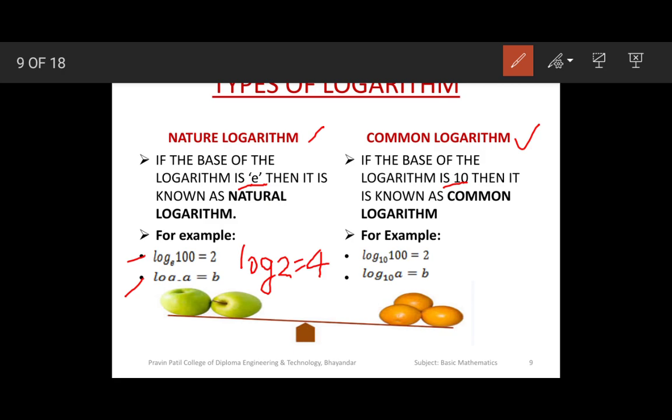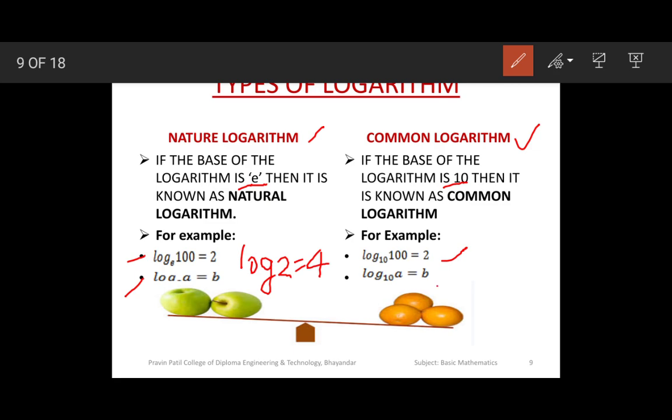Now common log. In common log, the base of the log is 10. So the example is log 100 to the base 10 equal to 2. First example: log of 100 to the base 10 is equal to 2.